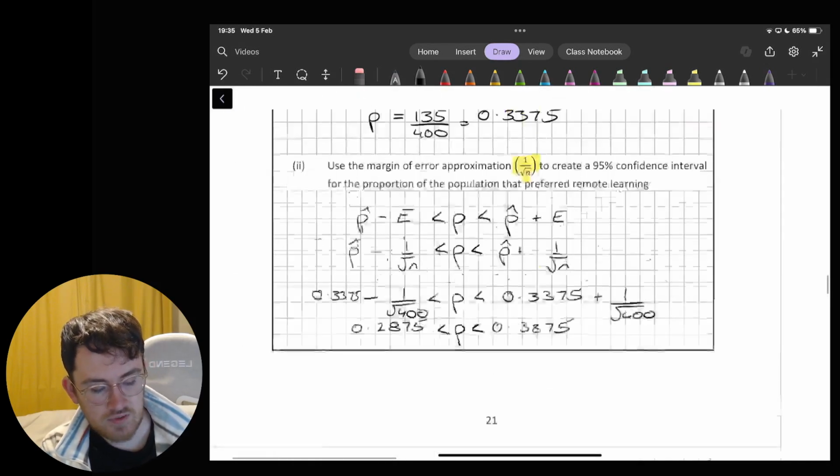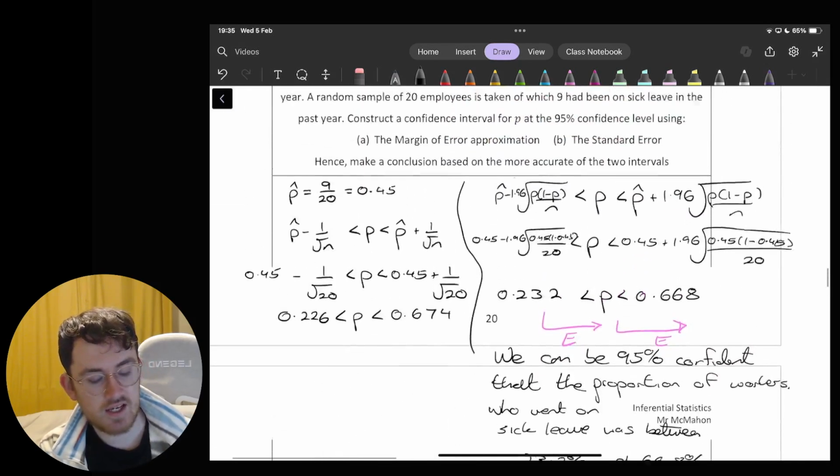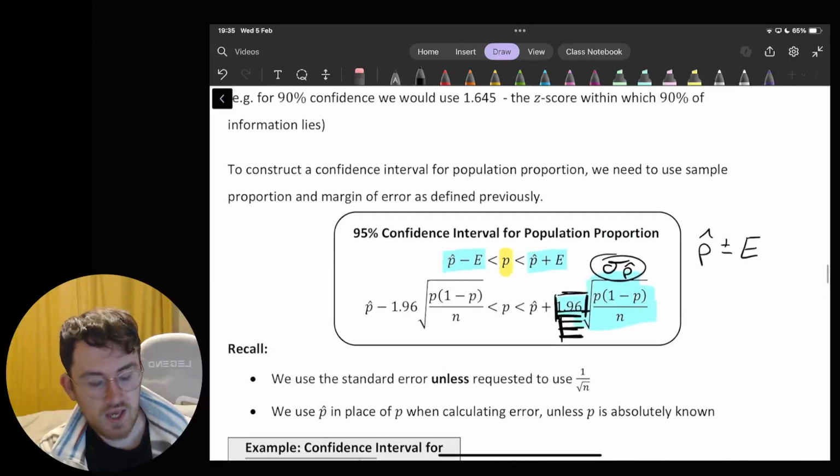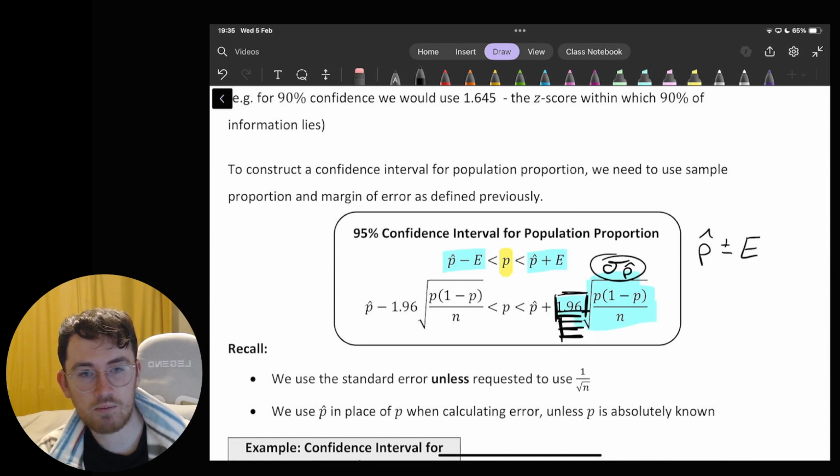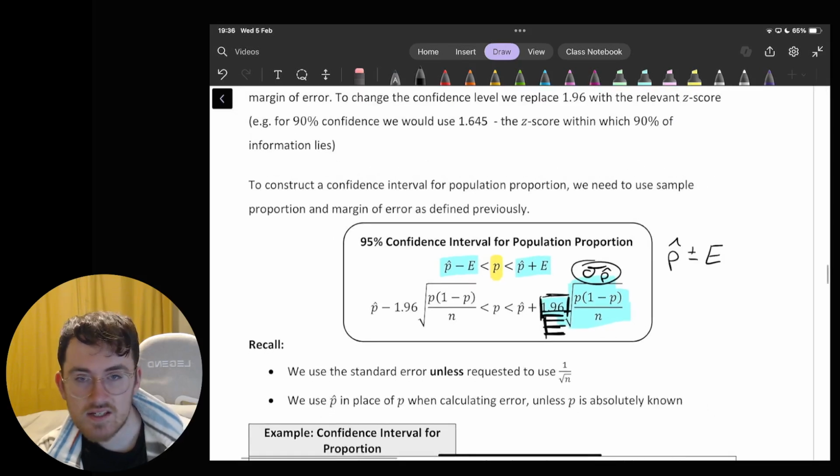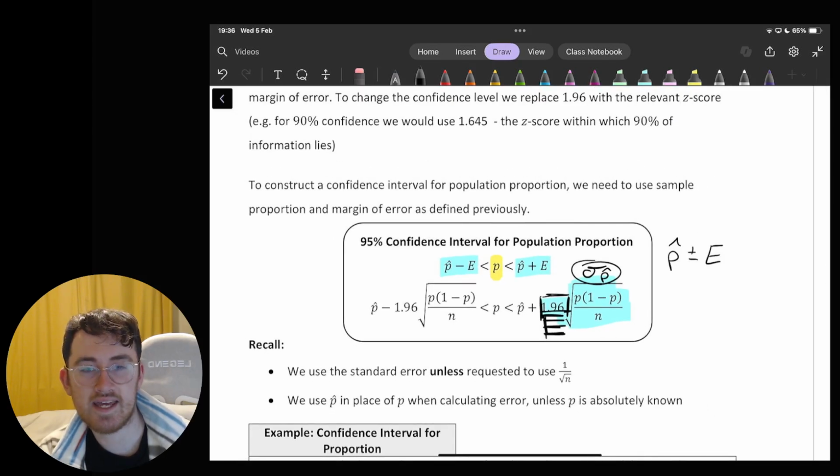Okay, so if we're taking away anything from what we've looked at here, the main things you need to know: confidence intervals for population proportion, so p hat minus error, p hat plus error, the fact that we can do that using our standard error, which is the square root of p(1 minus p) over n. If we need to or are requested to, we will use the 1 over root n instead.